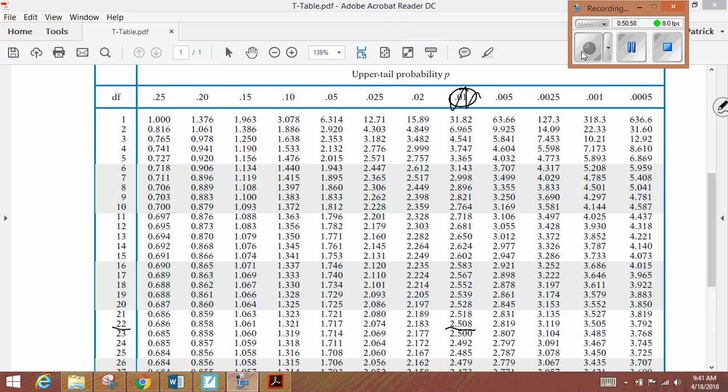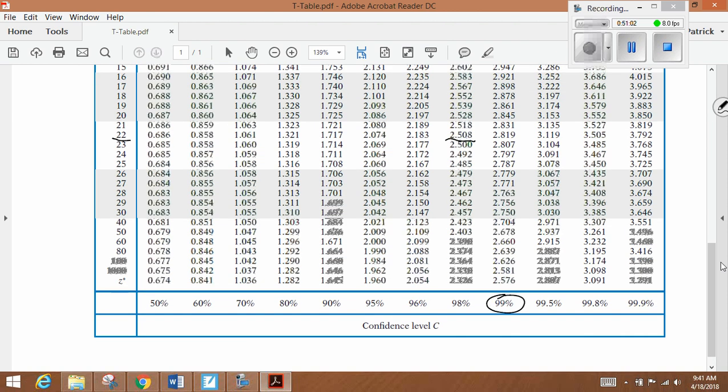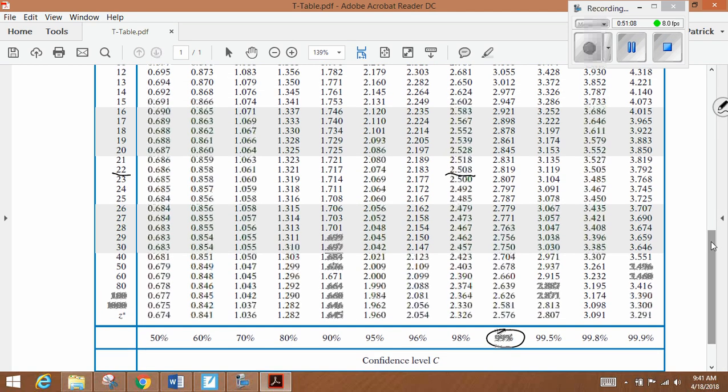So I should not be looking here, sorry. We're looking at a different spot than we would look if we were trying to get an alpha level. Right? So that is actually going to correspond with 2.81.